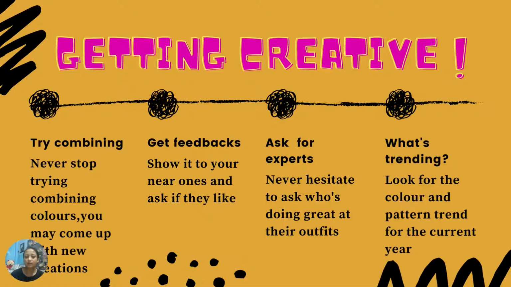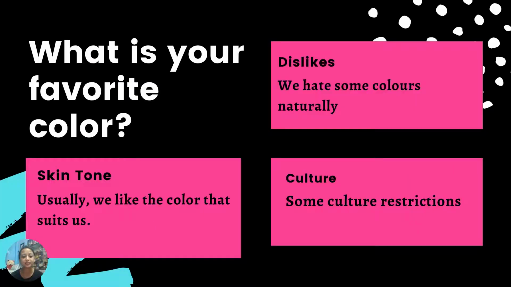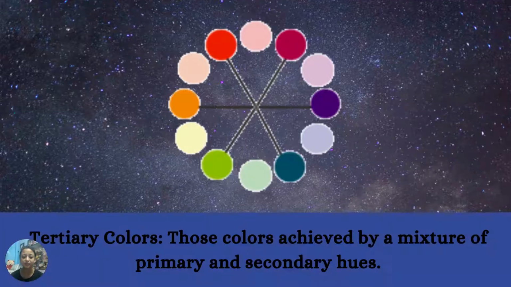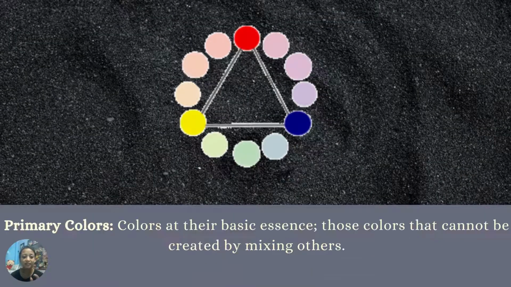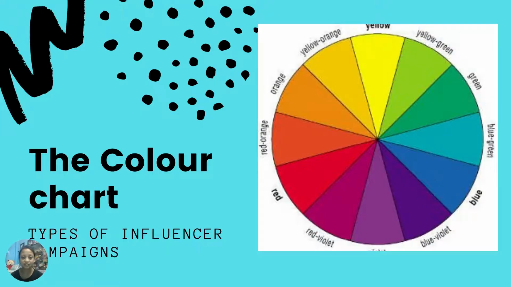So talking about how to get creative, my first point would be combining. Try combining, as in you should never stop trying combining colors. Like I said, when you try to combine colors, you can always put this chart in your mind, and you can combine these colors according to these relations. See what kind of combination you want to make. Do you want to make some similar kind of combination?